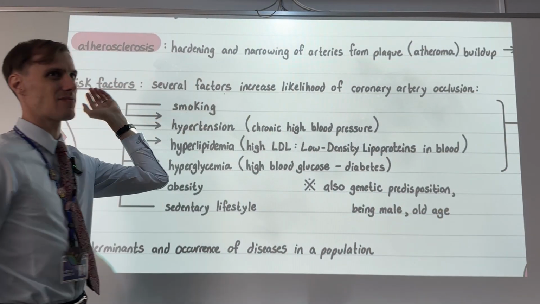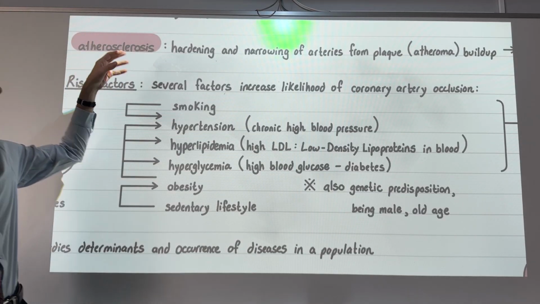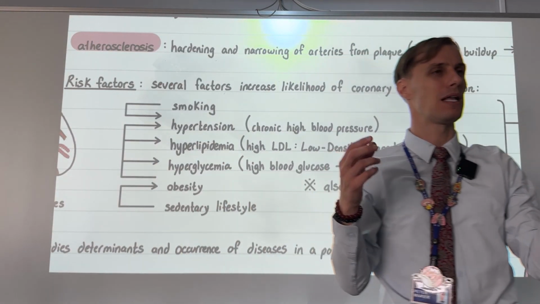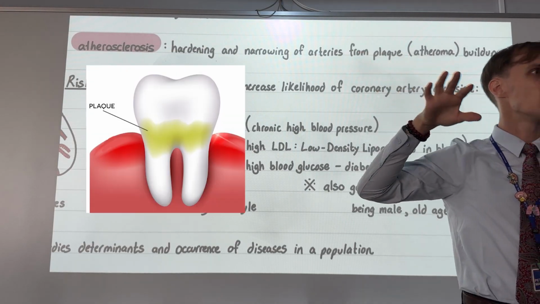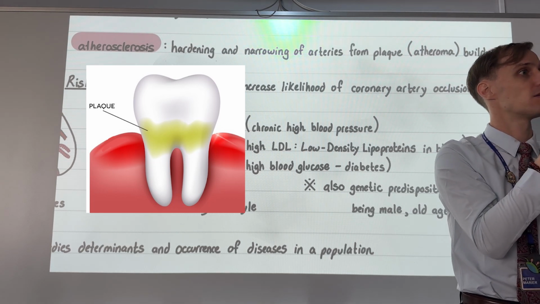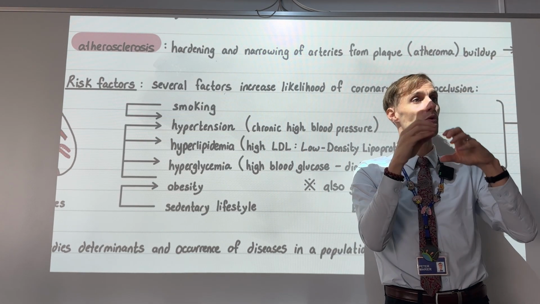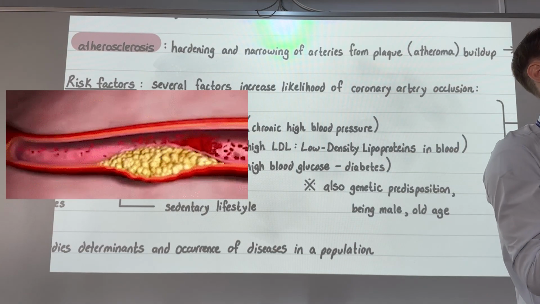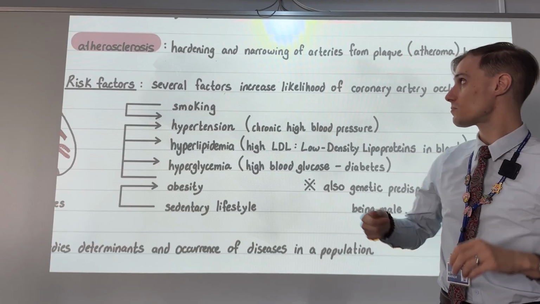Atherosclerosis, what does this actually mean? So this comes from atheroma, which is a fancy term for plaque. Plaque, you've likely heard from a dentist point of view, where you may have plaque buildup on your teeth. It really just means a deposit. So what's going on here is you may get a deposit or plaque buildup within the arteries themselves, and that is causing an increase in pressure.